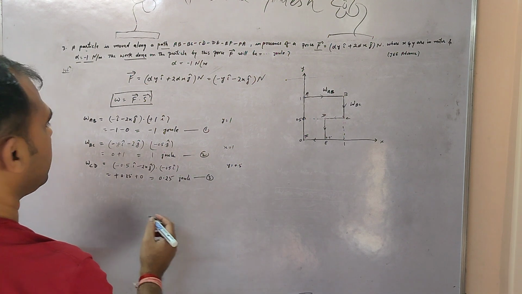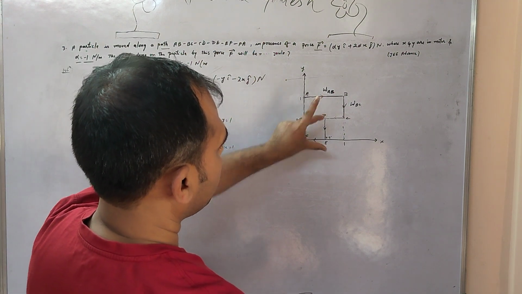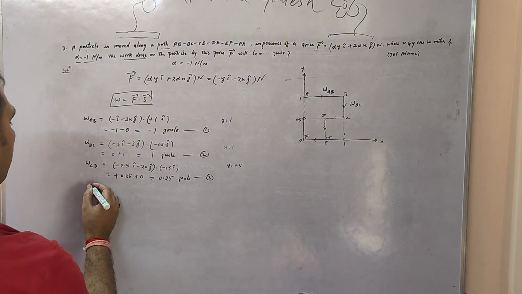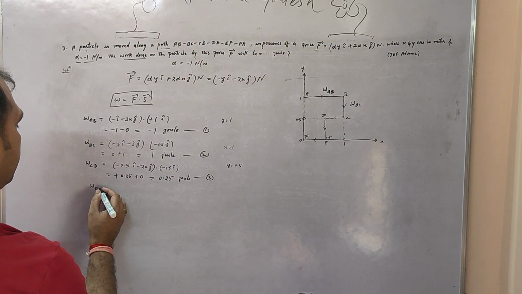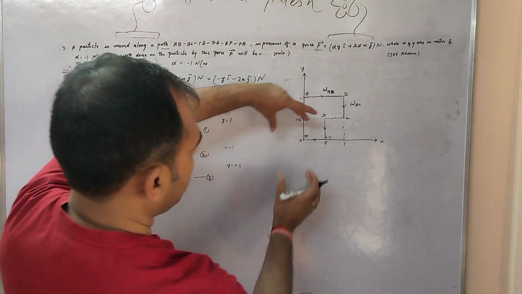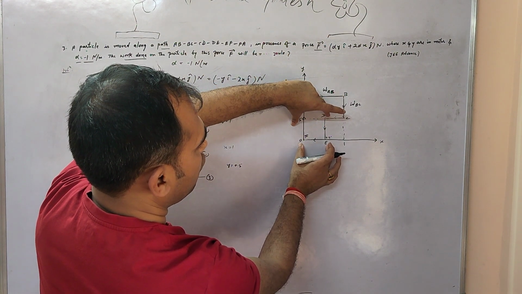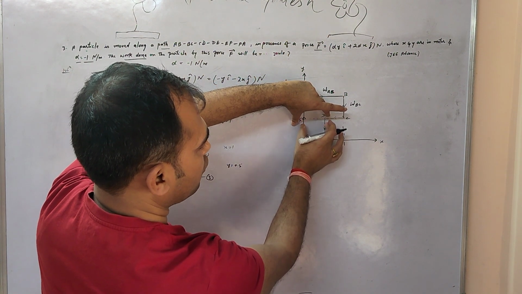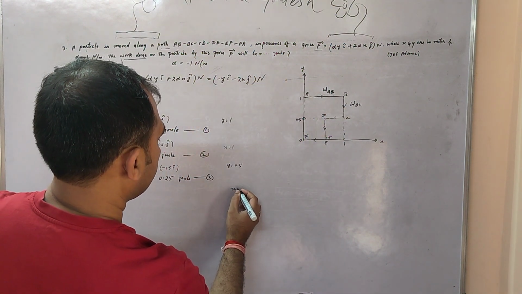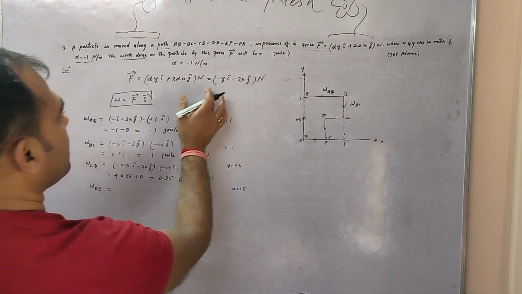for CD. Now let us find the work done from D to E, W DE. So what is constant here? This is x is equal to 0.5. That is constant throughout DE. So let us put x is equal to 0.5 in this.